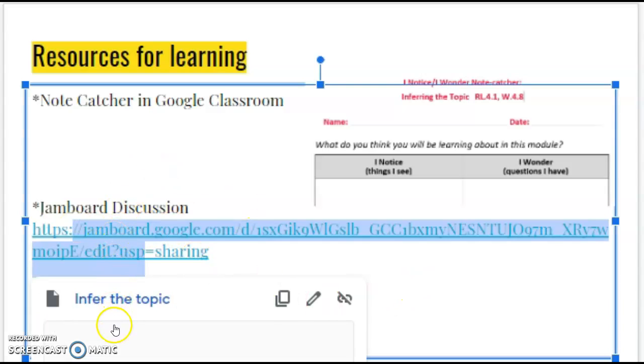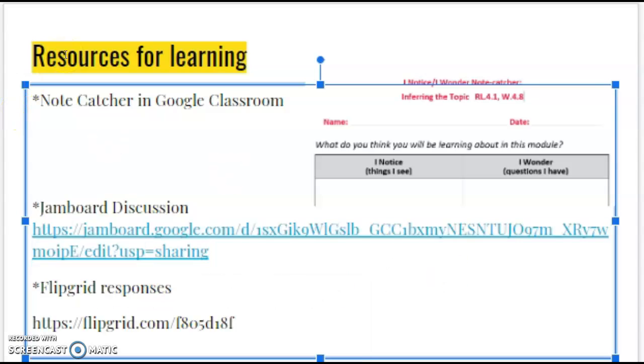When you click on it, you'll go to the Infer the Topic, and it'll take you to the Jamboard where you will participate in the discussion and actually see the resources. And for the last piece of our learning today, you're going to make a Flipgrid response where you're going to share your favorite resource and your inference about what we're going to be learning next.